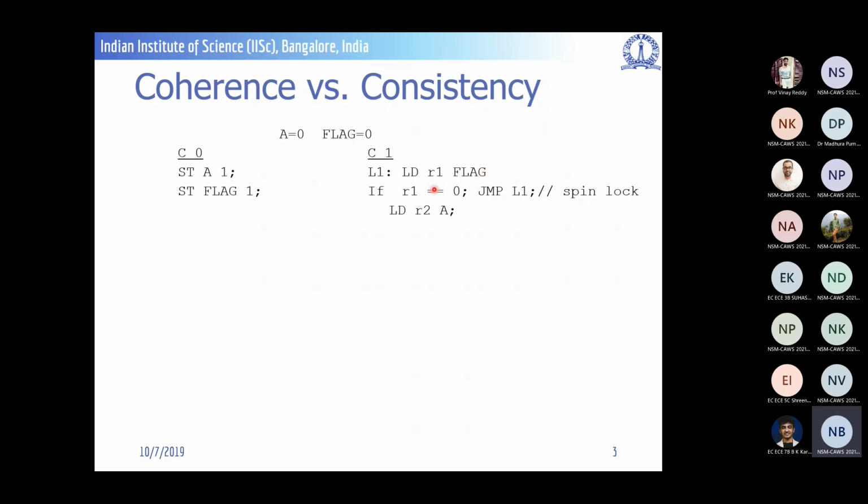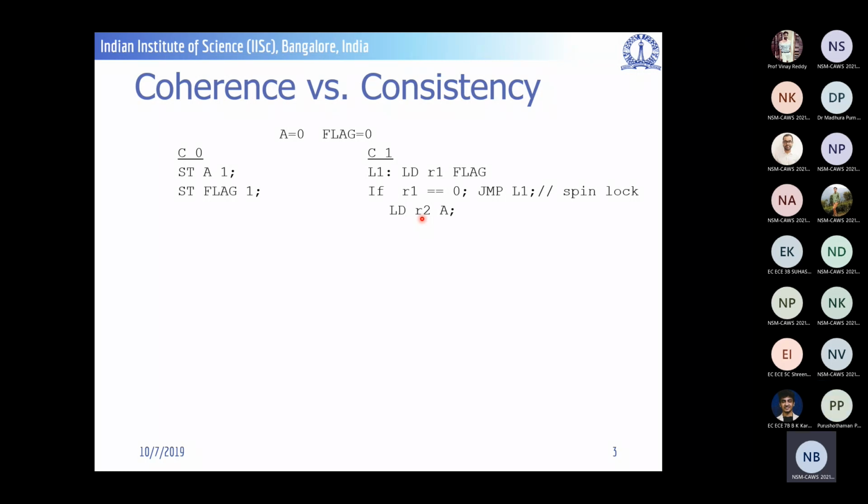So it is loading the flag and seeing if this flag is still not set, then it is looping. There is a loop here, and once this flag is set, it tries to read the updated data that is written in A into register R2. So it is pretty obvious what the purpose of this two-threaded application is, and why the application writer has written it.